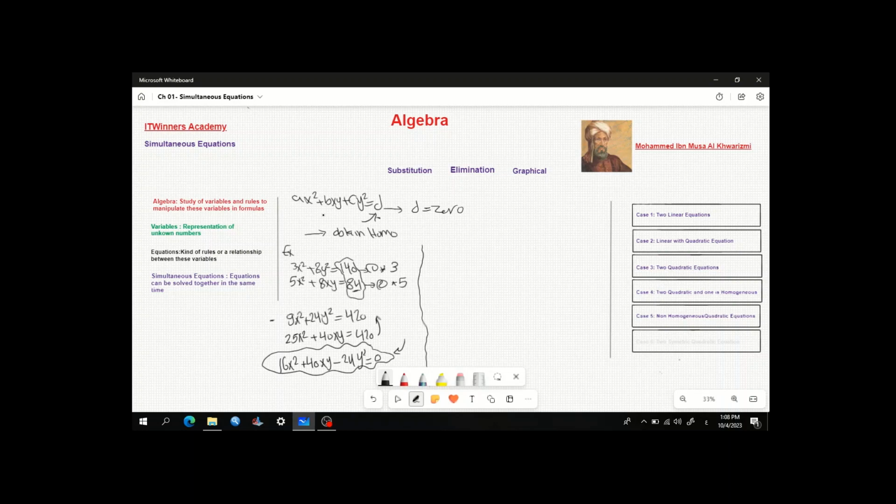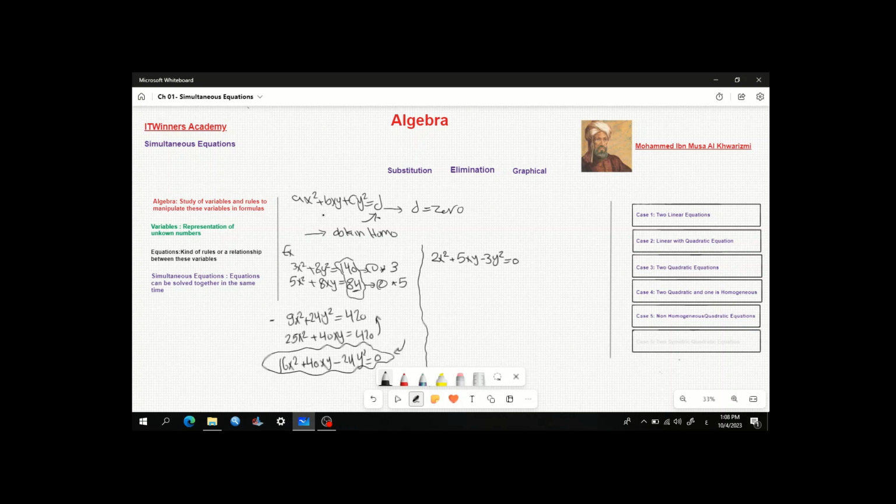Just simplify that and divide by 8: 2x squared plus 5xy minus 3y squared equal to 0.